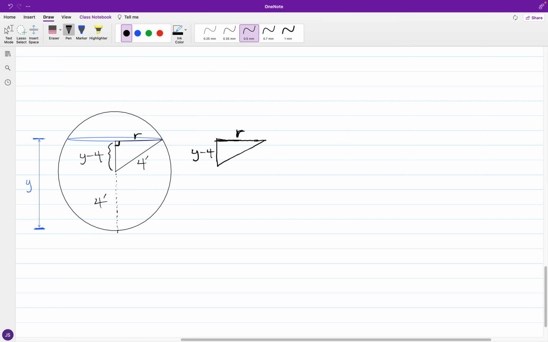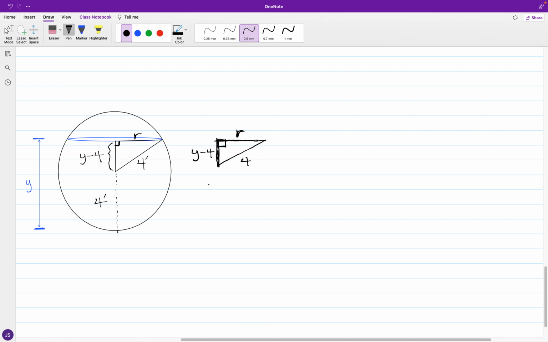And for the height of the triangle, we have y minus 4. But again, if I had 4 minus y, the Pythagorean equation would have the squares, and y minus 4 and 4 minus y would end up being the same. And again, we have a 4-foot radius.